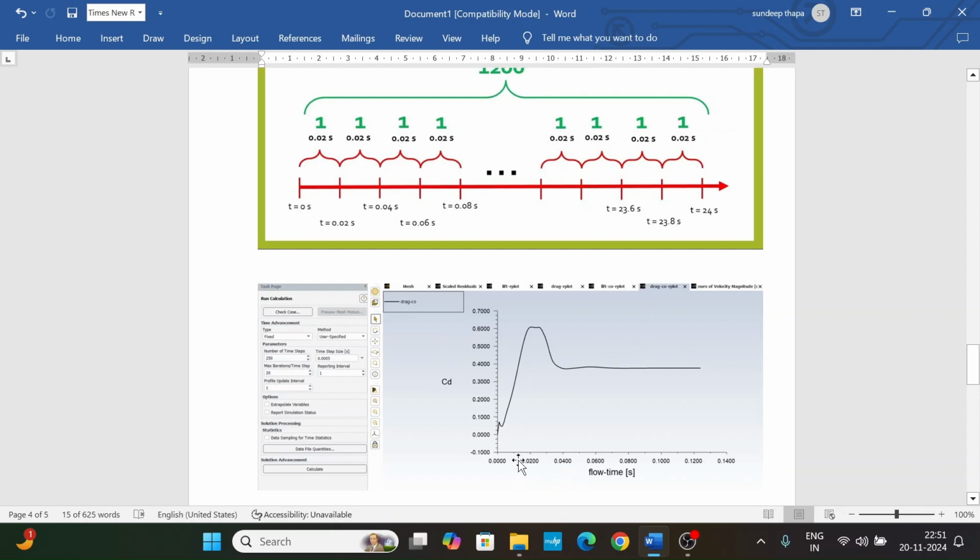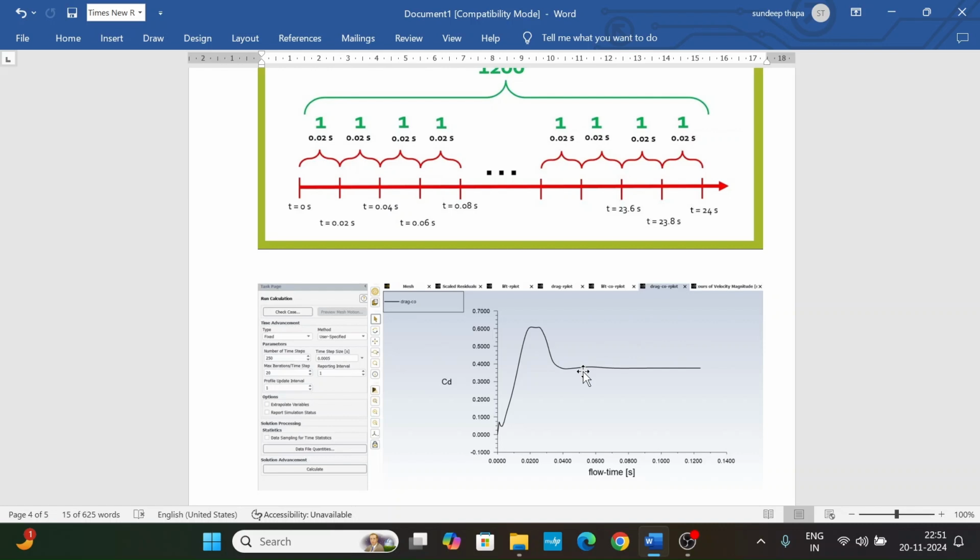If you had taken a smaller value, your graph would have been smoother. Let's say if you have taken 10, this is 0 and somewhere here is 10, you would have a straight line. Much of the details would already be gone out of your results, out of your simulation.